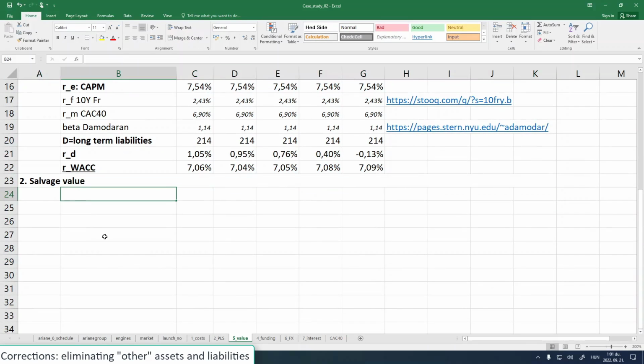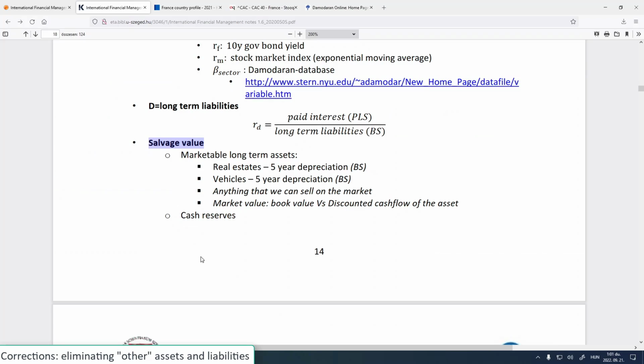Okay, so salvage value, and here we have to define what the marketable assets on the long term are. Real estates, vehicles, anything that we can sell on the market, at market value. So what do we have here?